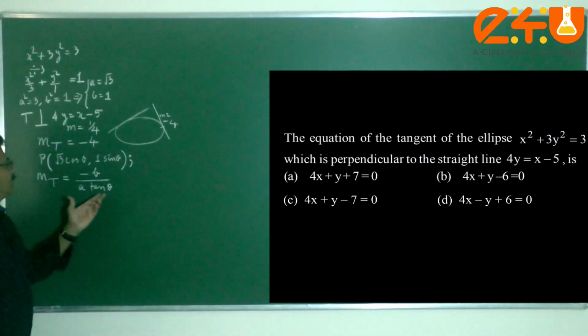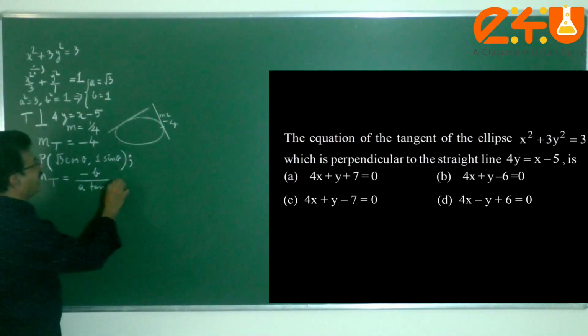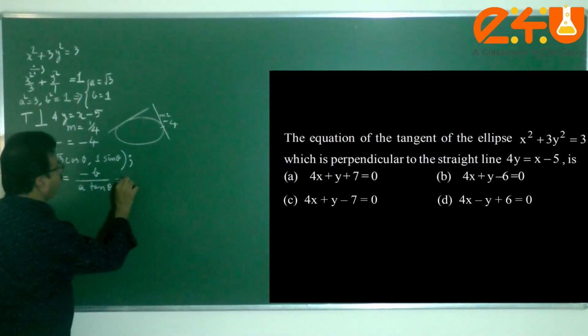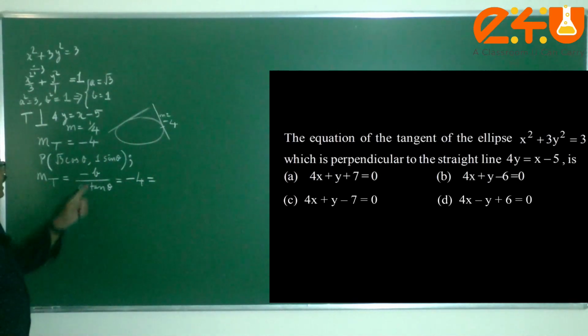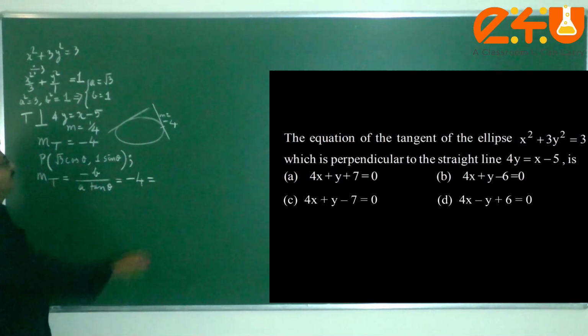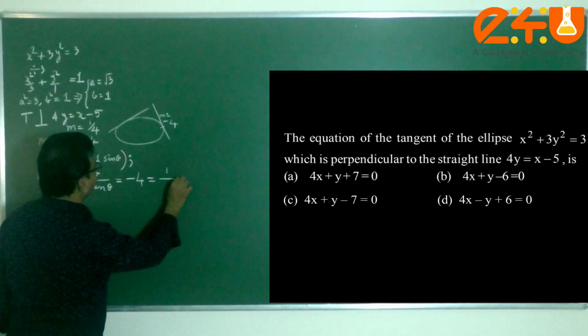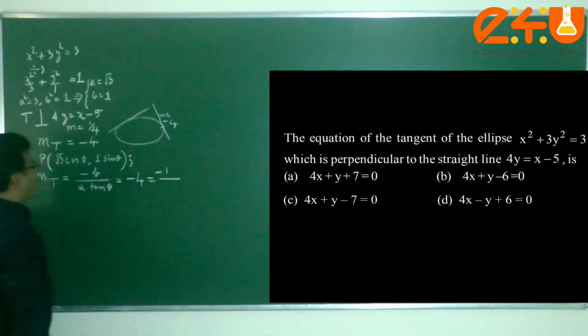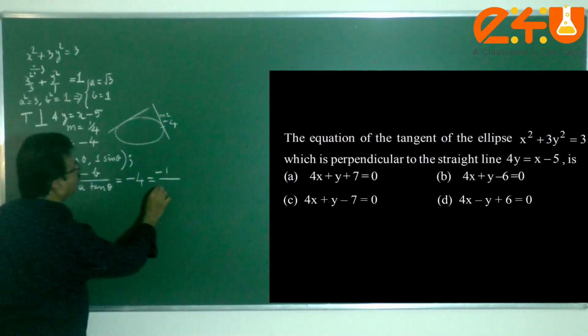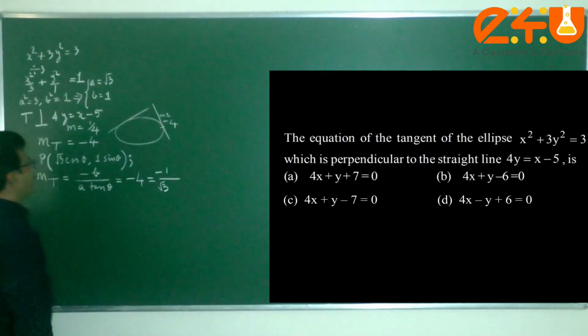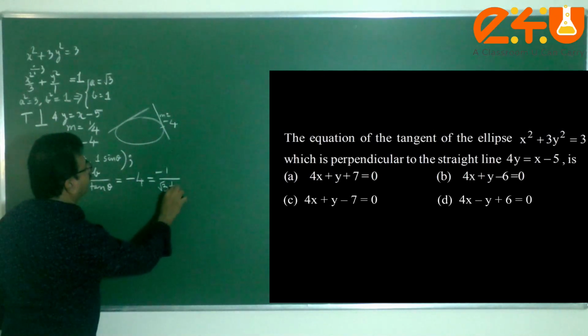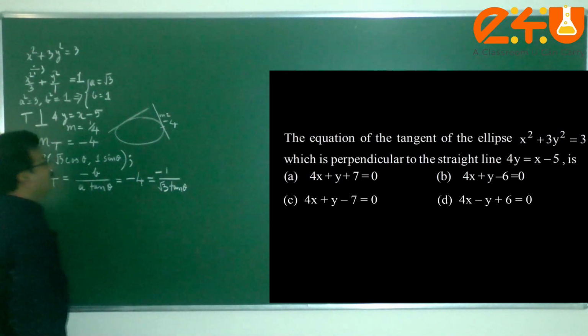So this is the slope of tangent, and we already know this is going to be minus 4, and we know every value of b and a, that is 1, negative 1 by a value root 3 tan theta.